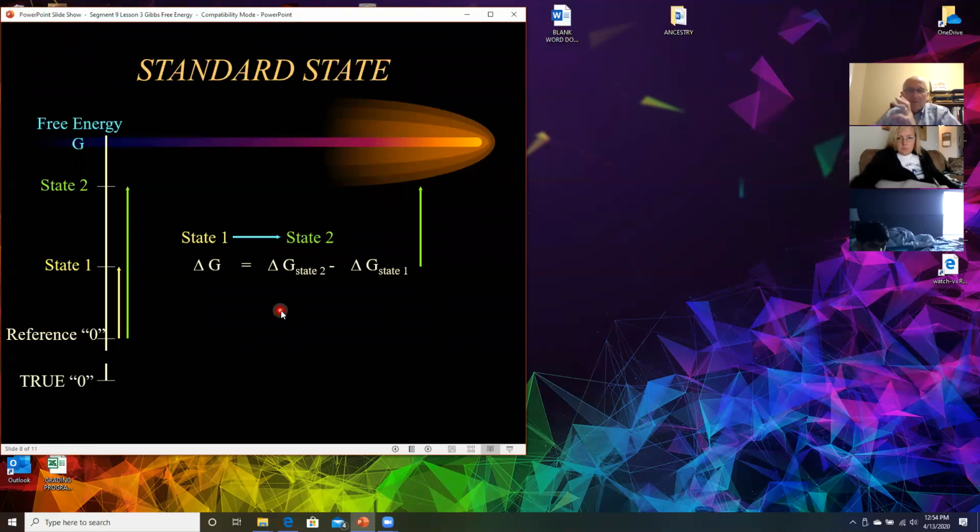So whether we use a true value, which we can't, or use a reference value, it's still going to be the same difference. And that's the way we do it. We are free to choose whatever reference state we want to, but we have decided already for chemists, it's going to be the elements in their normal natural form at 25 degrees and 1 atmosphere. That gives us our reference state.